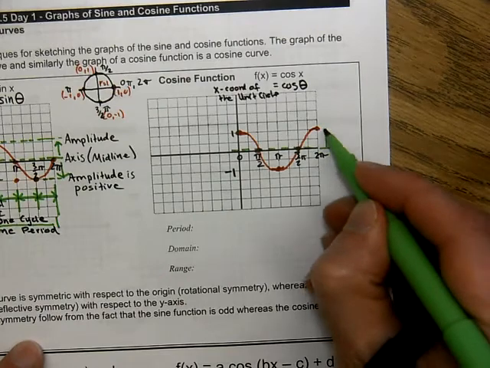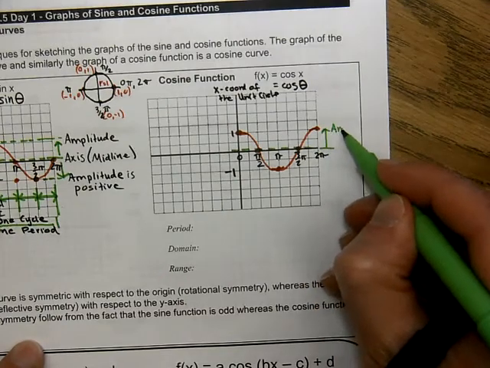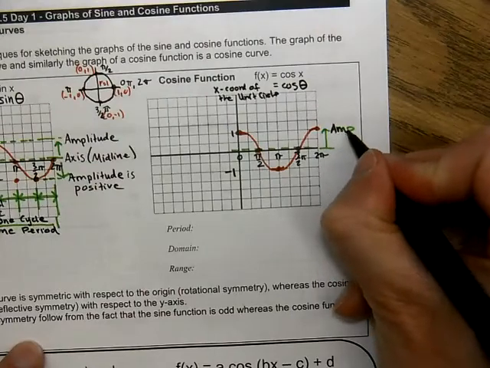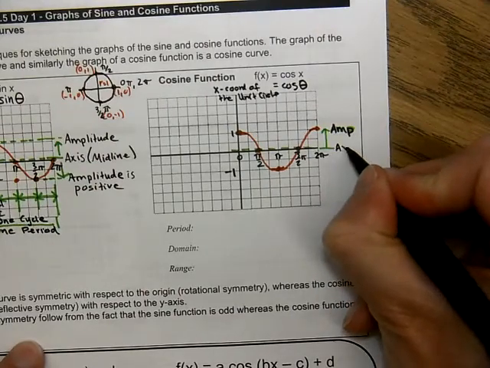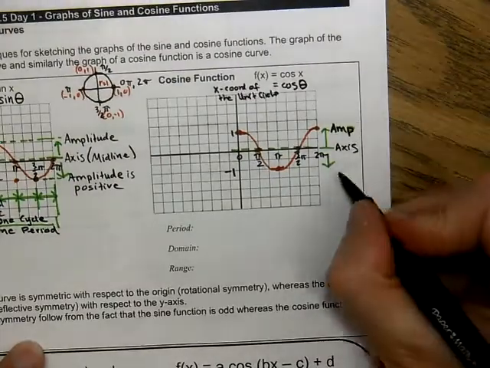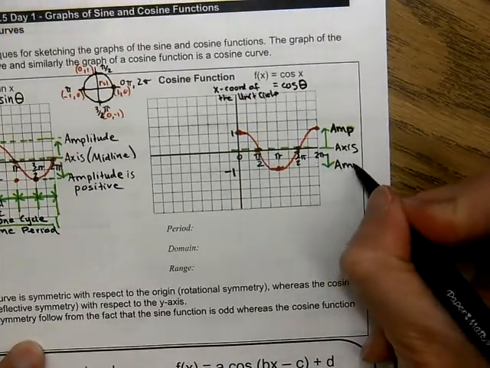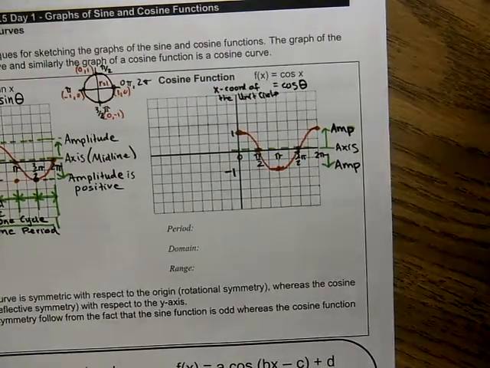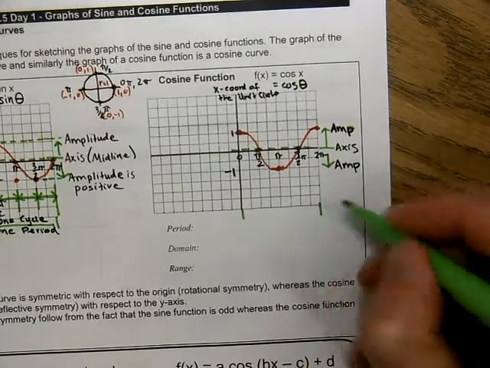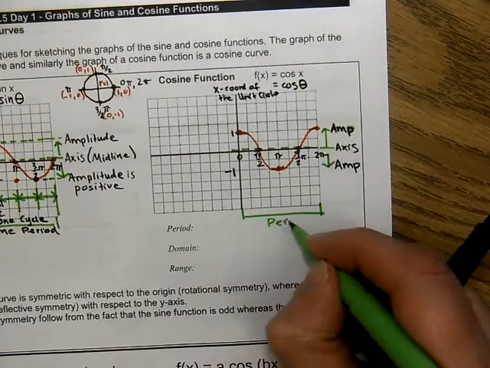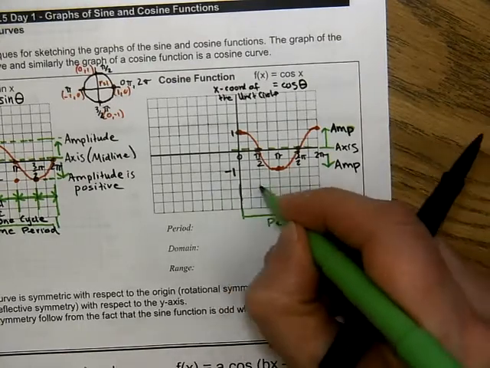You still have your amplitude that takes you up to that top part there, the maximum point. You have your amplitude, which takes you down to the minimum again. So all of those same words show up here as well to describe the vertical spacing between the maximum and the minimum. And then again, you have your horizontal spacing, which again is that period, which is divided into 4 equal parts.